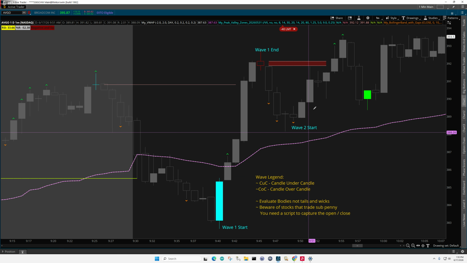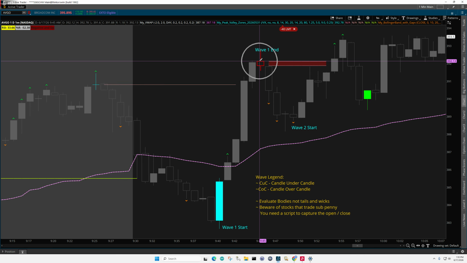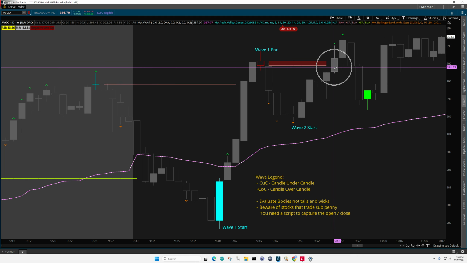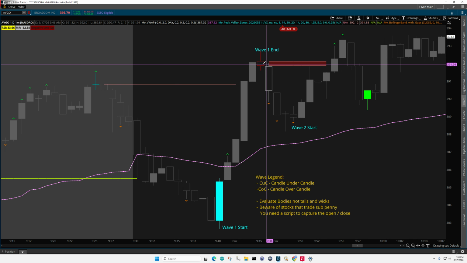And then we just follow the trend up until we find the condition. And wave 2 must be that the candle body must print above. So the open and close of the wave 2 high candle body must be above wave 1. So you can see that this candle here, it's intersecting the wave 1, this red candle, which is the wave 1.